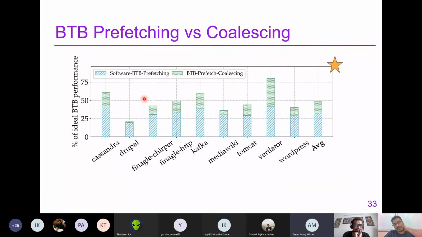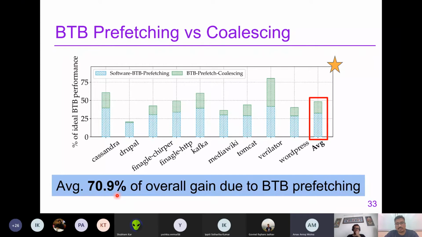Now we'll take a look at the contribution of BTB software prefetching and coalescing. For most of the applications, the major contribution comes from software BTB prefetching, because we saw that for most of the branches, only 12 bits are enough to store their offsets.